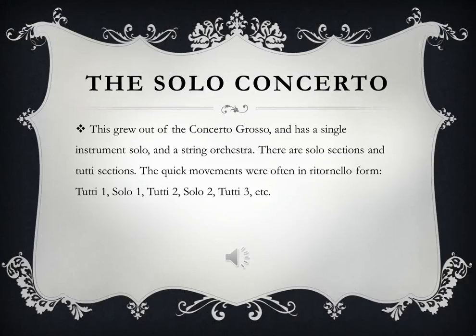The solo concerto, though, again I'll play this example. Very famous one. This grew out of the concerto grosso and has a single instrumental solo and a string orchestra. There are solo sections and tutti sections. The quick movements were often ritornello form, tutti 1, solo 1, tutti 2, solo 2, tutti 3, etc. This is Vivaldi's Autumn.